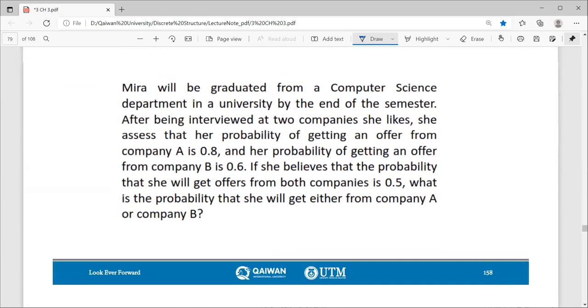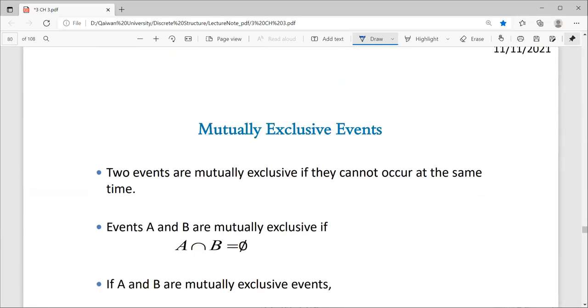Here you have 2 exercises. That's for yourselves. Now you have mutually exclusive events. If we have 2 totally different events, it means there is no intersection between the events.